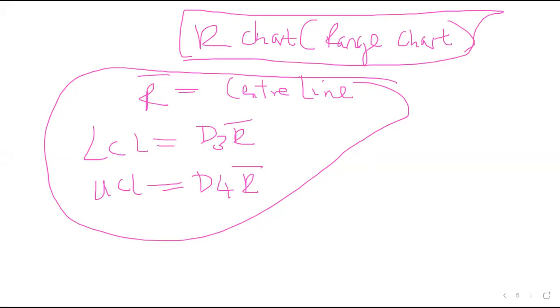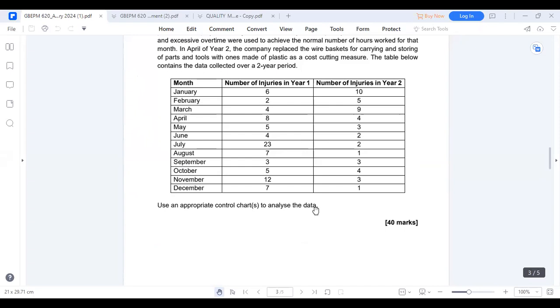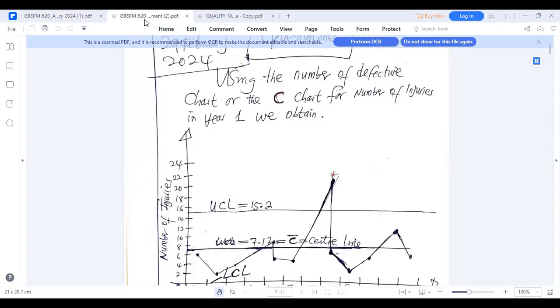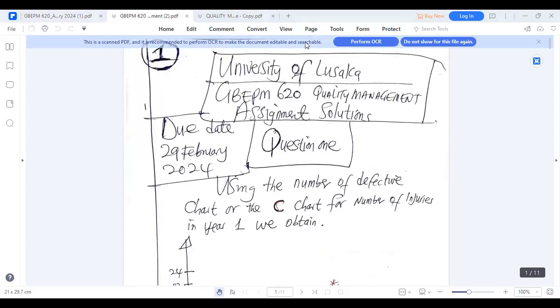Then we have this one here. Under this one, we are simply saying that as we get down to this business, we have solutions here.